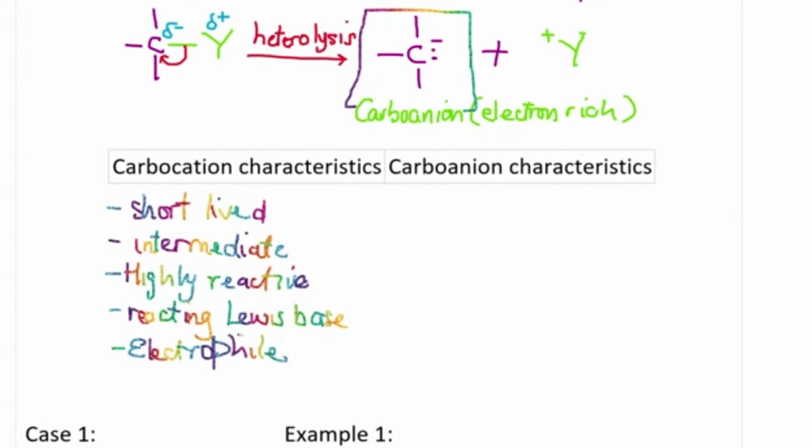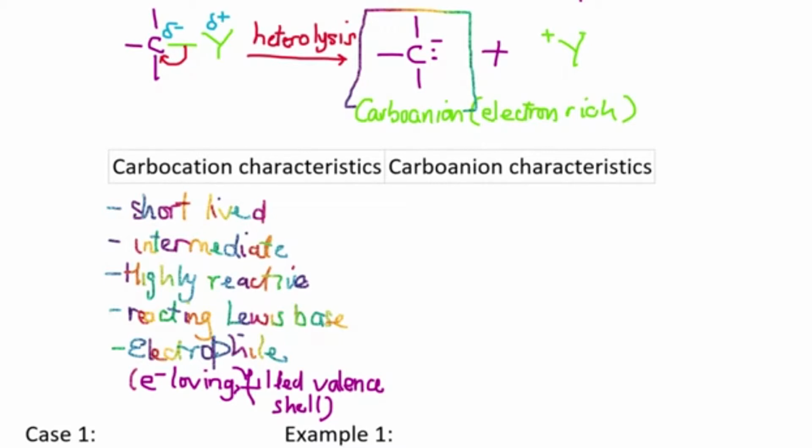What do I mean by electrophiles? Electrophiles are species that are electron loving. Since phile means loving and electron refers to negative charge, they need to fill the valence shell, and to fill the valence shell they have to gain electrons from somewhere.